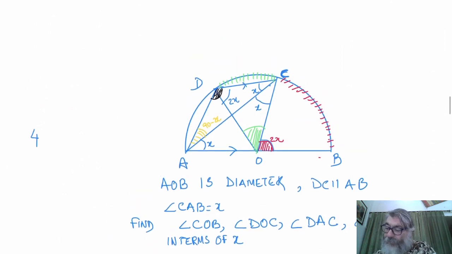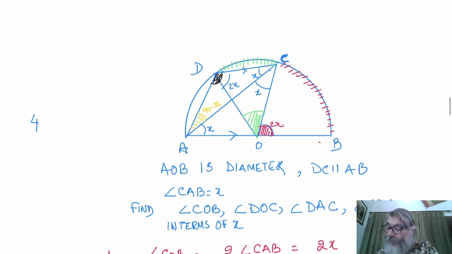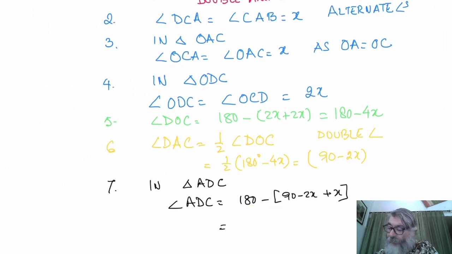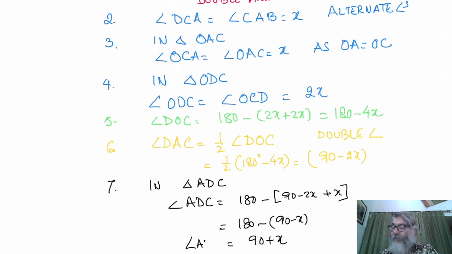One angle is 90 minus 2x, one angle is x. I add 90 minus 2x plus x, which gives 90 minus x, and subtract it from 180. I get ADC, which is 180 minus 90 minus x, which comes out to be 90 plus x. So we have got all the four angles.